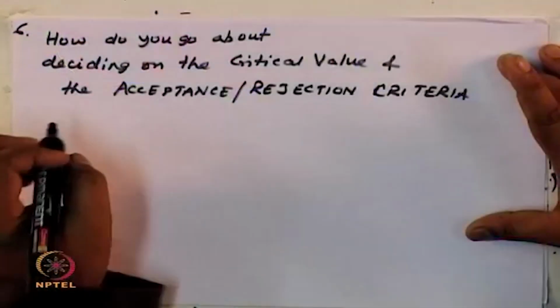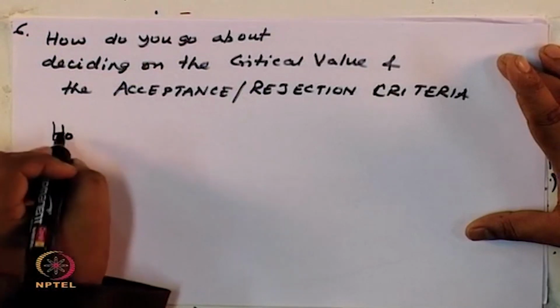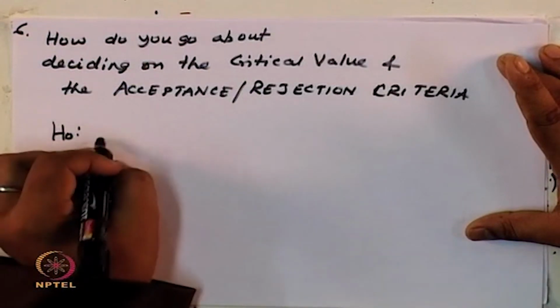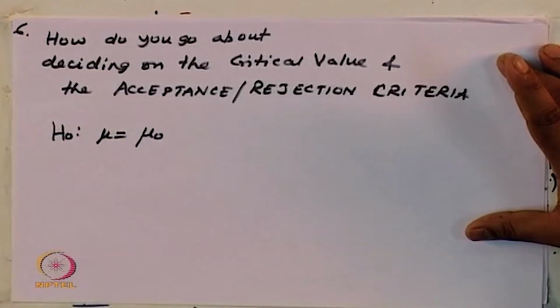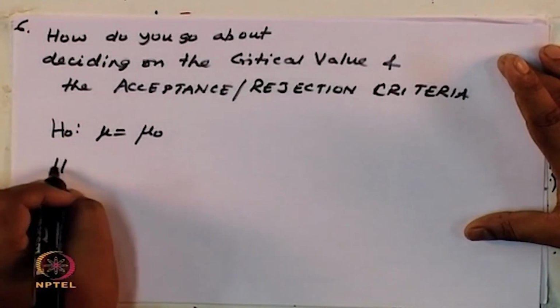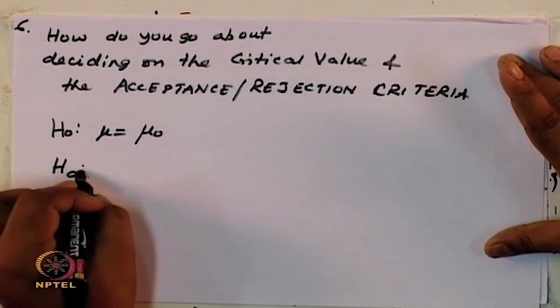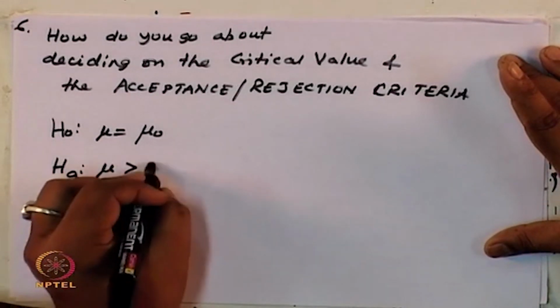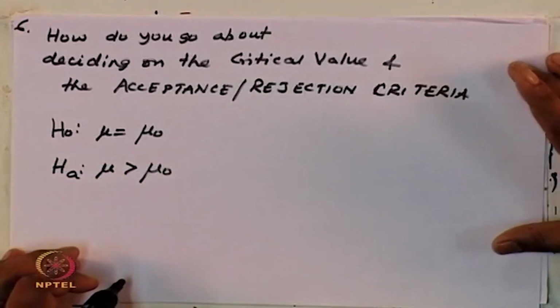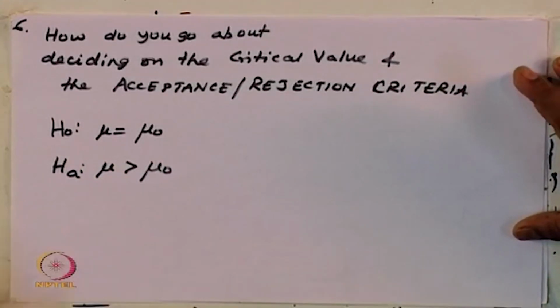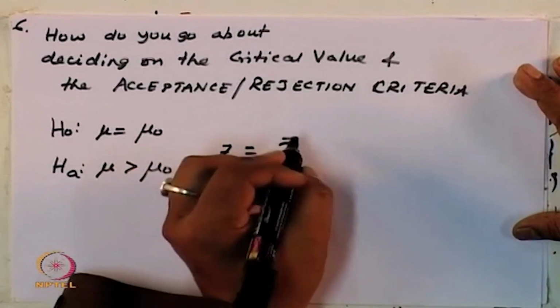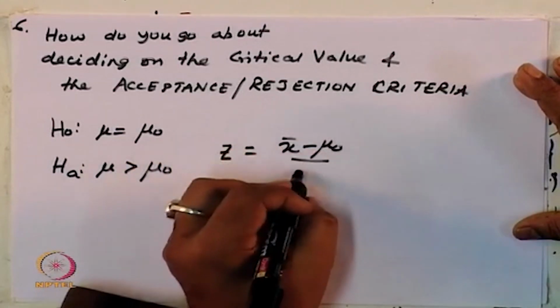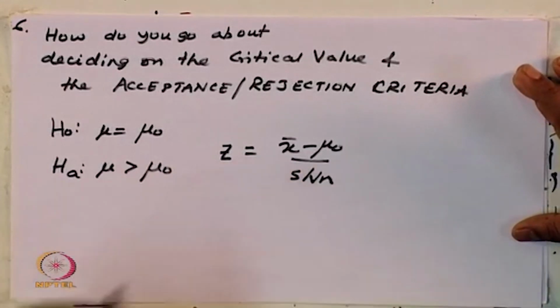So let us take a sample case. Let us take H naught as mu equal to mu naught, and H A as mu greater than mu naught. I would go about calculating the test statistic Z given by x bar minus mu naught divided by S by root of n.